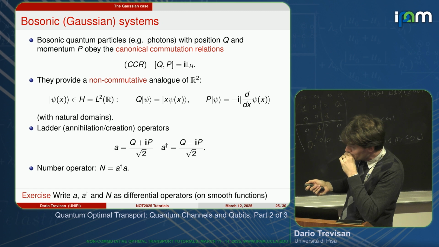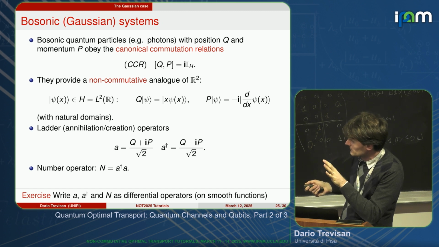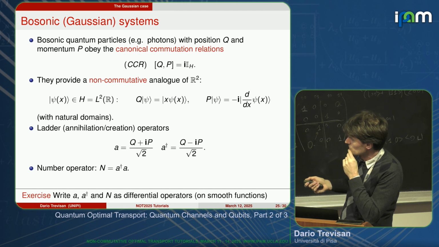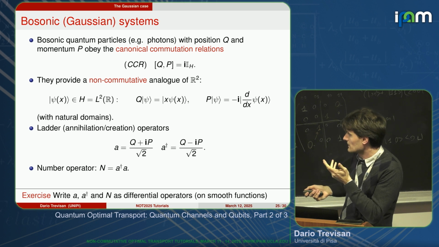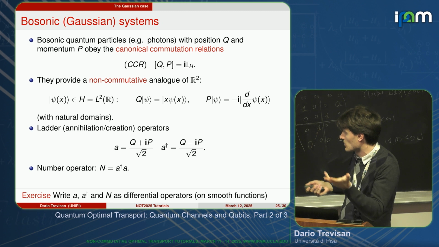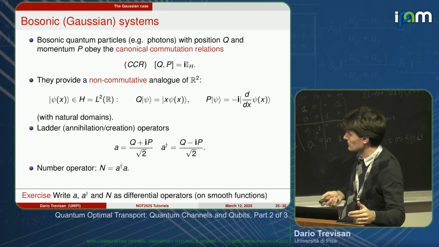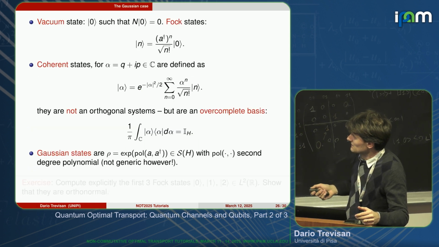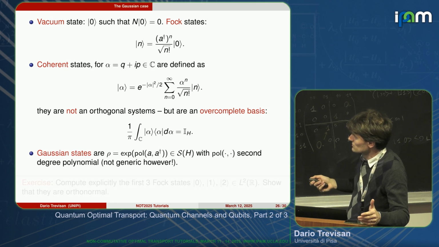And this gives you the Hilbert space, you fix L2 of R, and you have these two operators, which give you a realization of these relations. And then you end up with essentially all the operators that you may have met, or maybe not, if you have not studied a course in quantum mechanics.